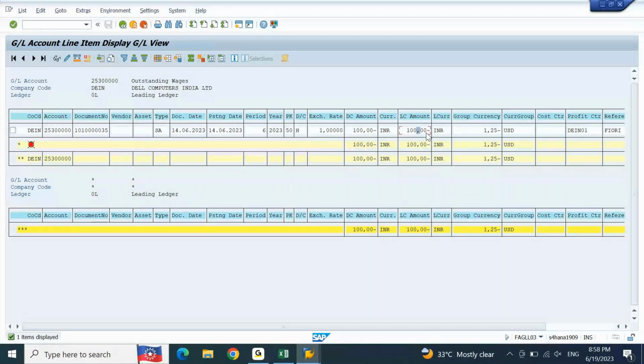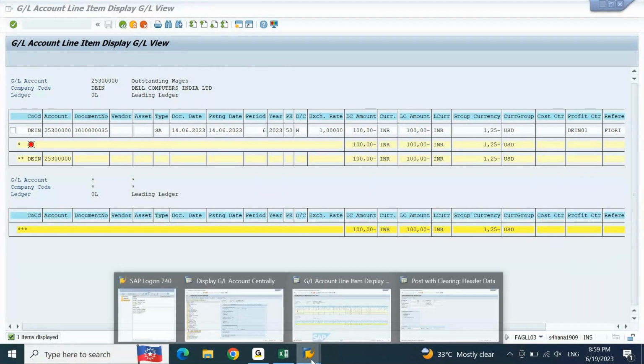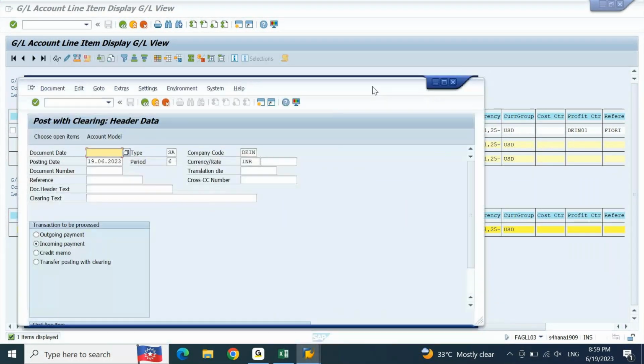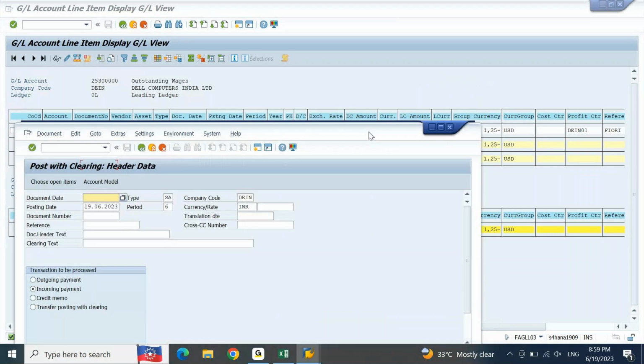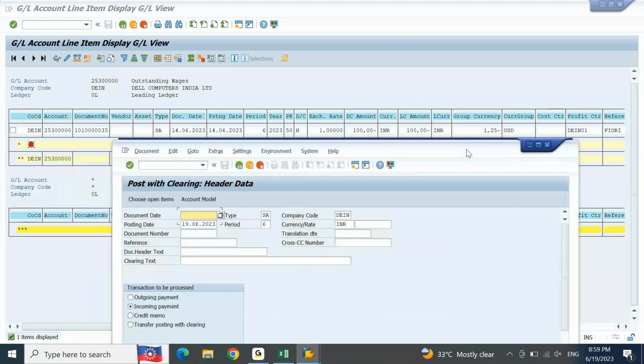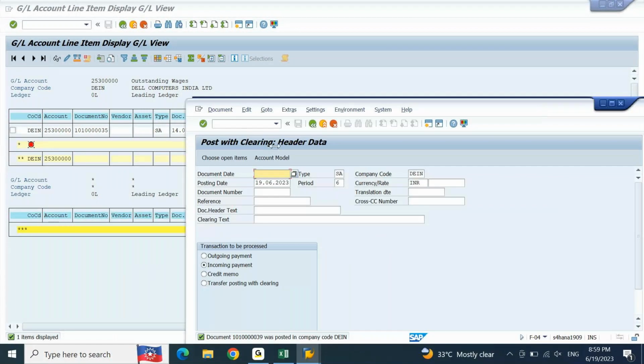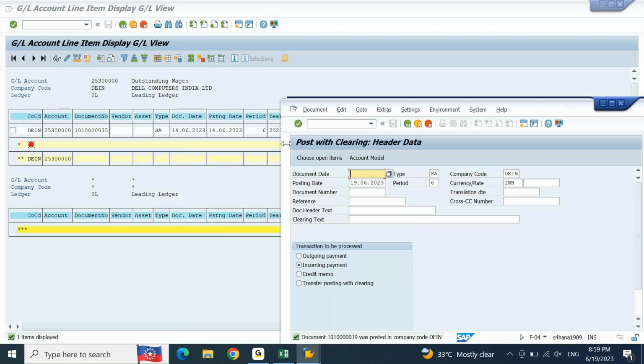Correct? This is what we did. Now, if I want to clear this 100, while posting the entry, what posting key do I need to take? 50 or 40?